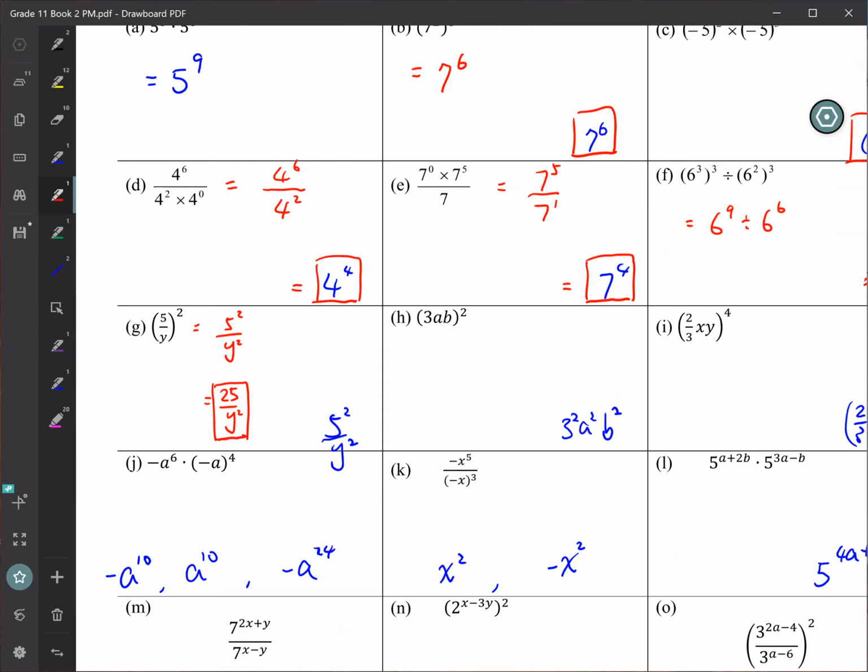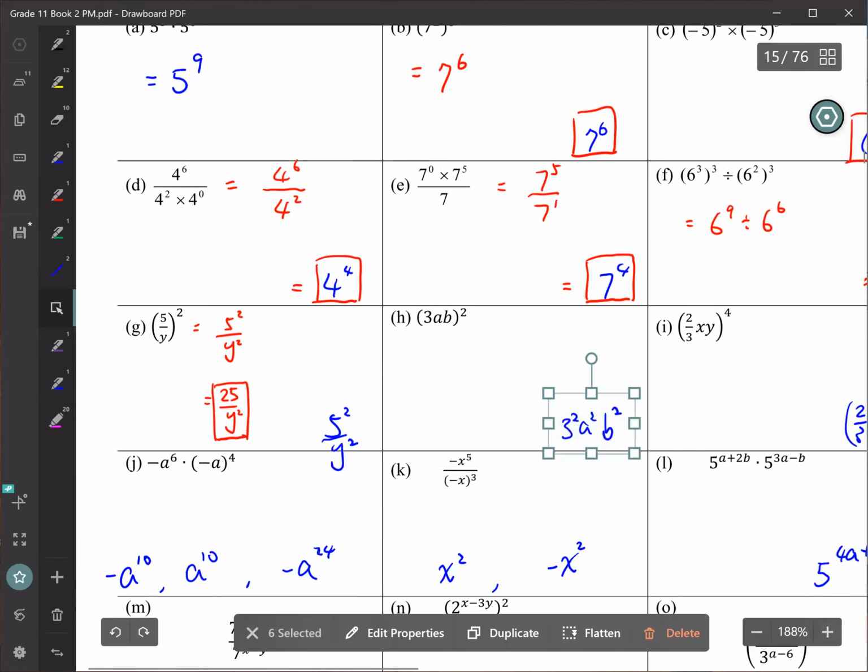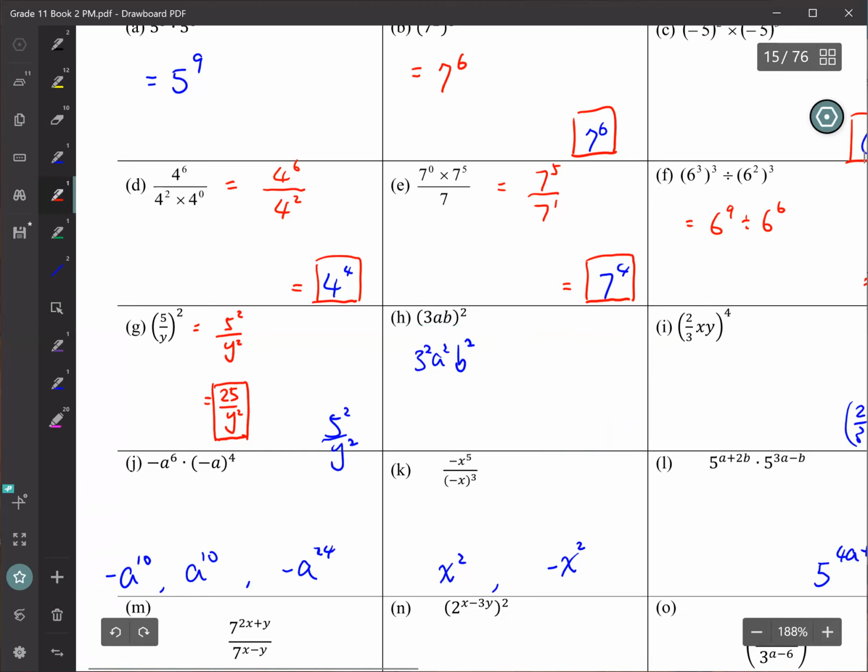Same with the next one. So your answer should be 9a squared b squared. You have a mix of coefficient and variable. Remember, you need to do one more step.